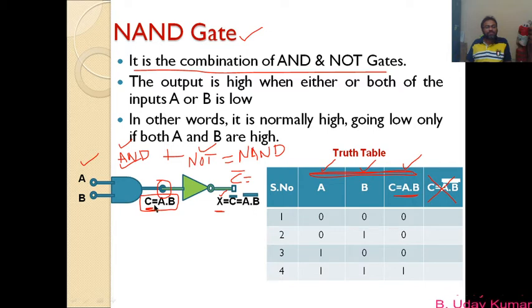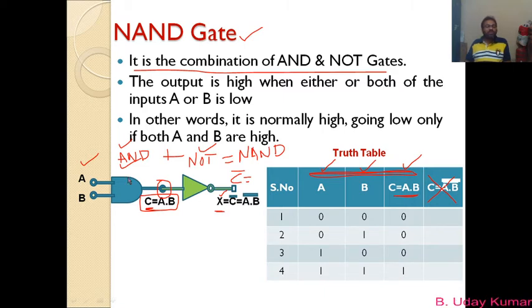Please try to get this: the NOT gate is an inverting gate, so whatever input you apply, the output will be the complement of the input. So here C is the input of the NOT gate and hence the output will be C bar. But you know that C is nothing but A dot B. So in place of C, if I substitute A dot B, what do I get? I get X as (A dot B) bar also. So you can write X as C bar or (A dot B) bar. So the choice is yours.